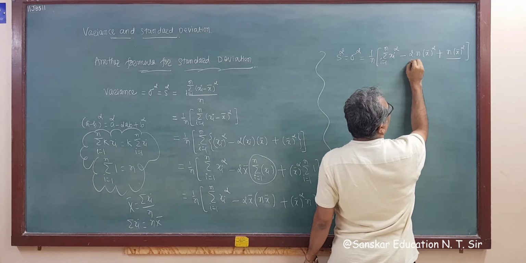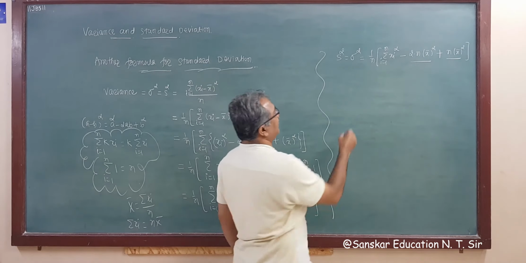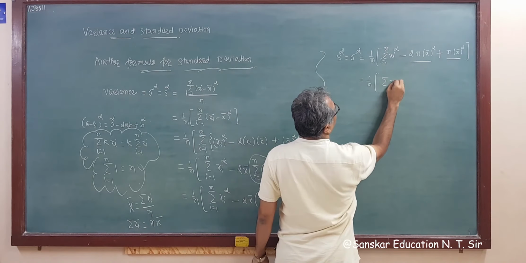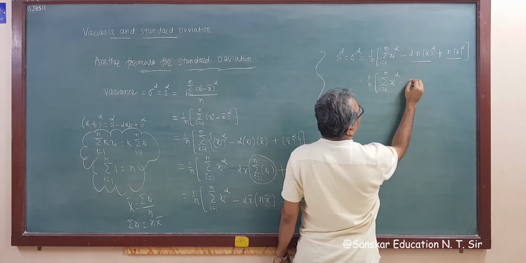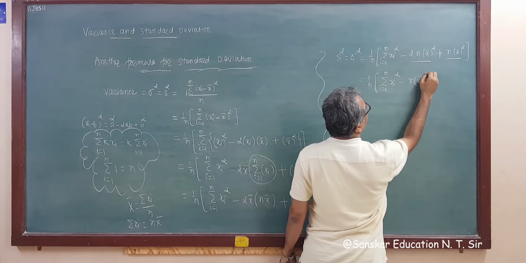So this is 1 time minus 2 times, so minus n x bar square, right? So this is 1 upon n sigma xi square, i running from 1 to n, minus n x bar square.